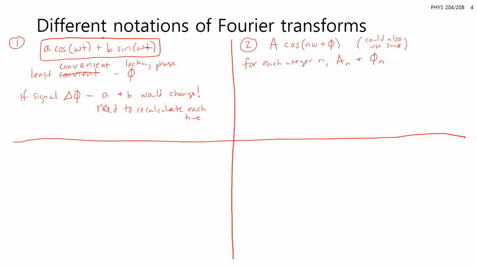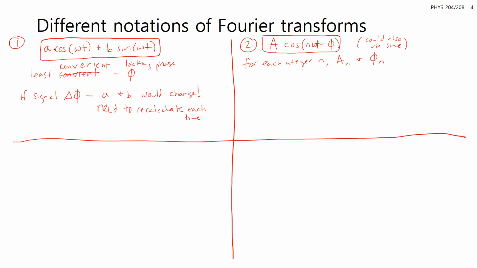So if we look at this equation, should there be a time at all? Yes. Good catch. And that's missing in the notes I've uploaded as well. Thanks, Jack. So for each integer, we have that.